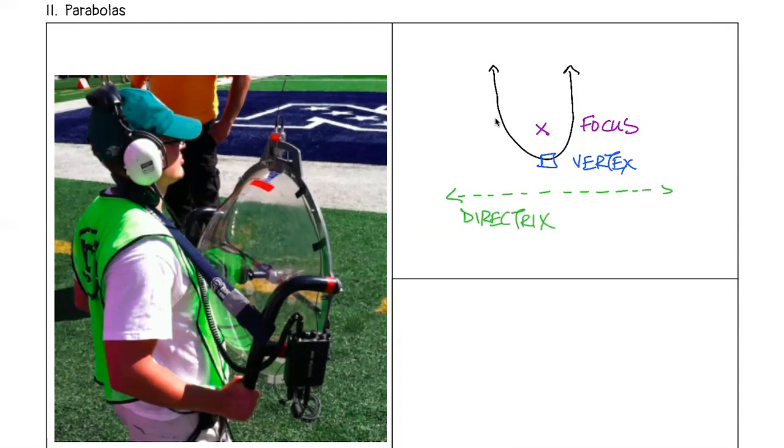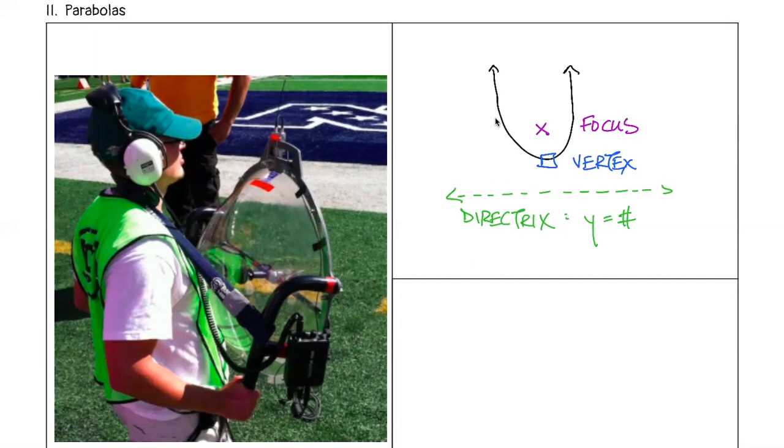Now, in a directrix like this, the equation will be y equals a number, okay? But it turns out that we make a parabola by finding the same distance between the focus and the directrix and tracing that all around. That's how we get a parabola, okay?